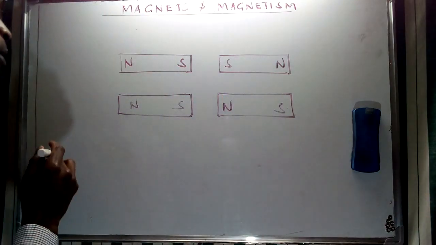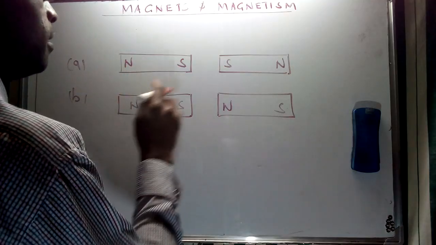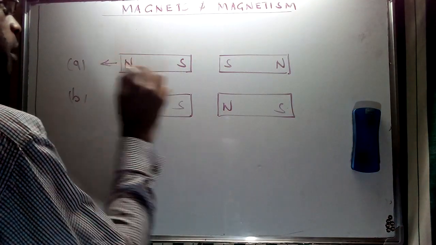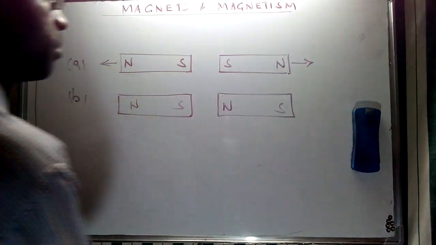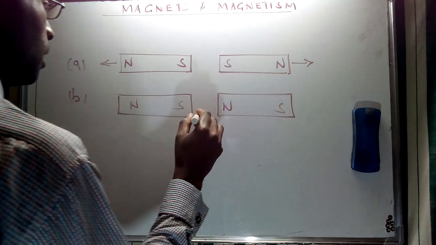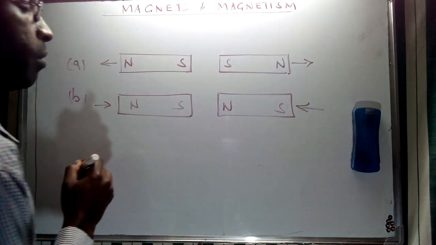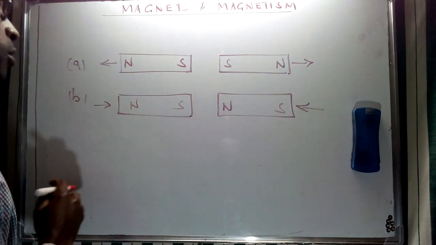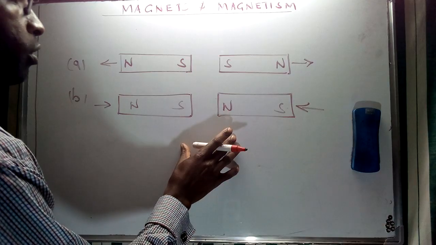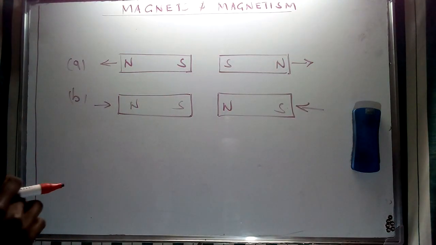So for the first case, A, these magnets are going to repel one another. There will be a resultant force that pushes these magnetic bars away from one another. Whereas for the second case, these magnets are going to be pulled towards one another, and therefore we experience what we call attraction. And for the first case, it's going to be a repulsion.